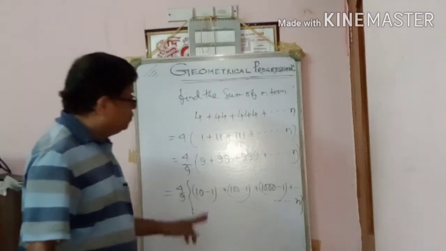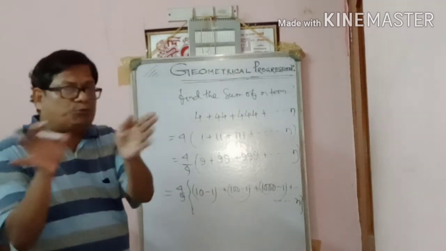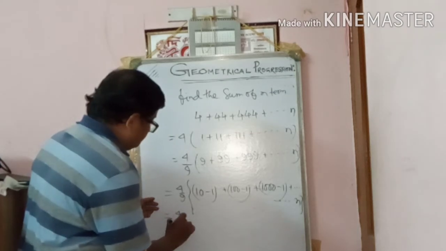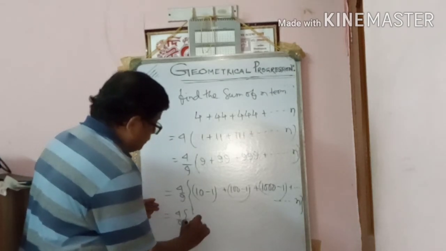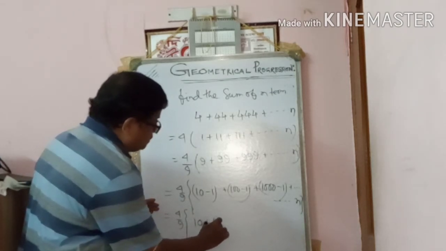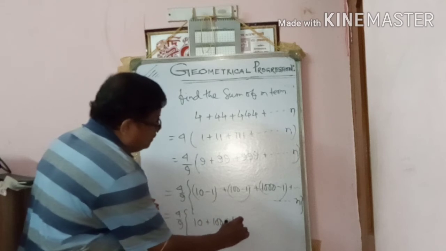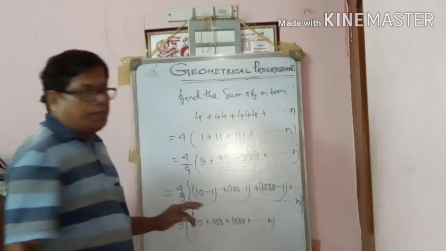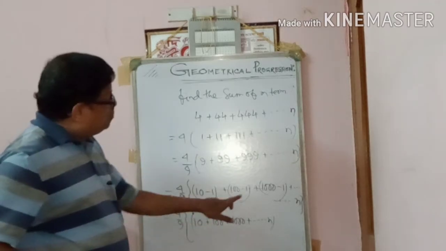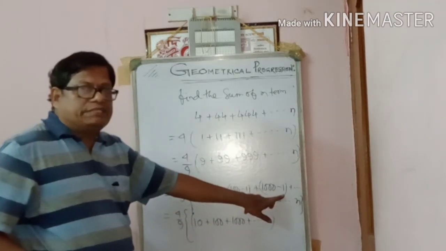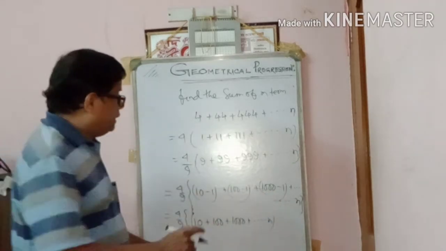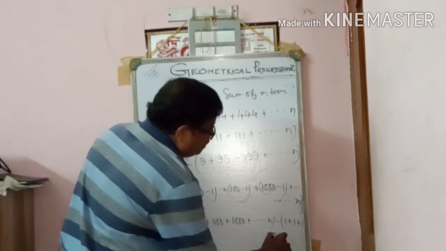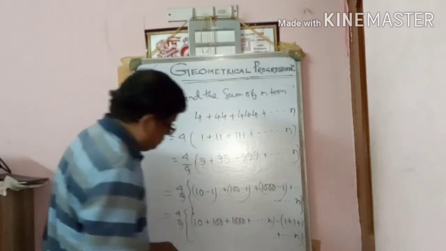Now you first have to arrange the multiples of tens: 4 by 9, 10 plus 100 plus 1000 plus dot dot up to n terms, minus 1 1 1. Same numbers, so minus 1 plus 1 plus 1 up to n terms.